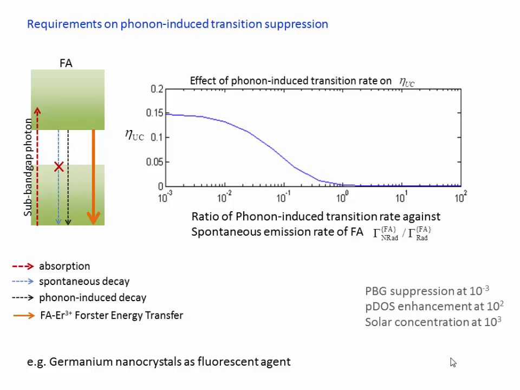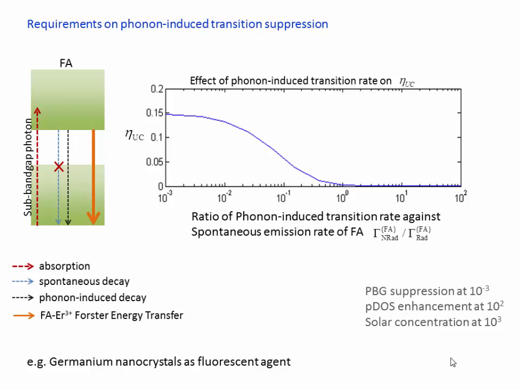So lastly, we look at the practical issues. Here in the fluorescent agent, besides the spontaneous decay, there is also the non-radiative phonon-induced transition that is comparable with the Förster energy transfer. We examine how this will affect the efficiency, and we find that in order for this principle to work, we need the non-radiative phonon decay to be comparable to the spontaneous emission rate of the fluorescent agents.